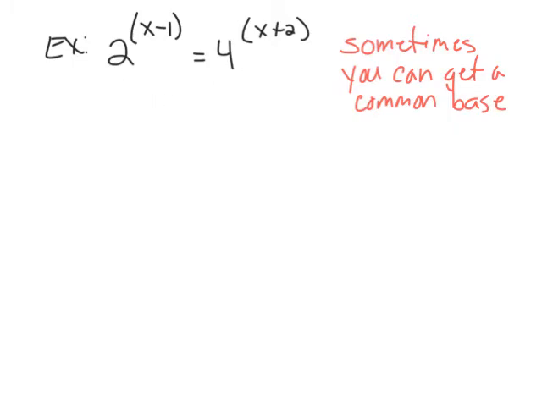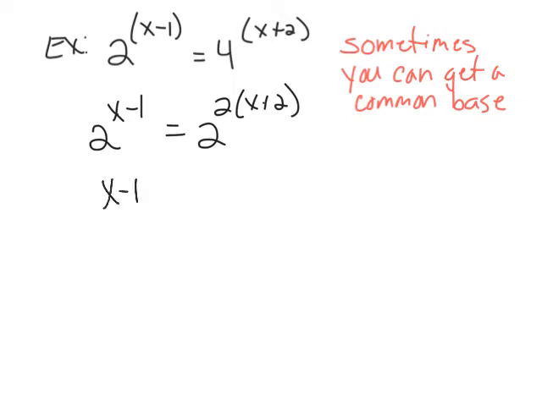That's not always the case, but you always change the larger base if you can. So I have 2^(x-1), and instead of writing 4, I'm going to say that's 2 squared. And then that little 2 is multiplied by x + 2. When you have common bases, you can set the exponents equal to each other. So that makes it a lot easier.